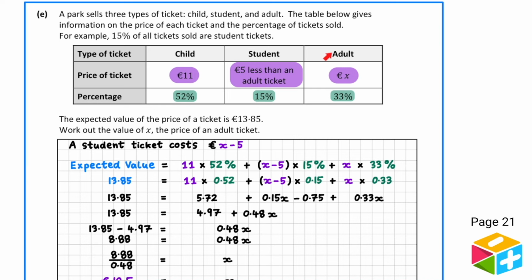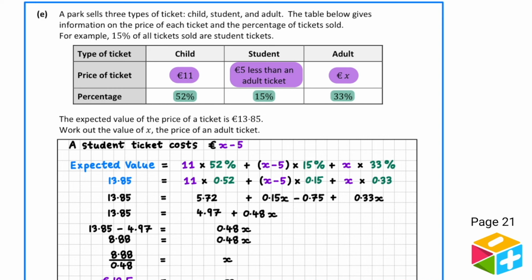An adult ticket costs X euro and makes up 33% of sales. We know that the expected value of a ticket price is €13.85. We must use this information to find out the value of X.